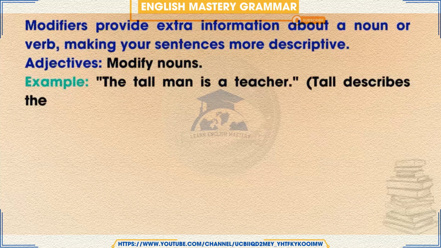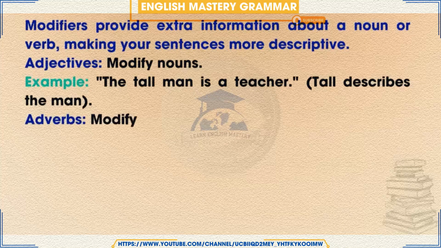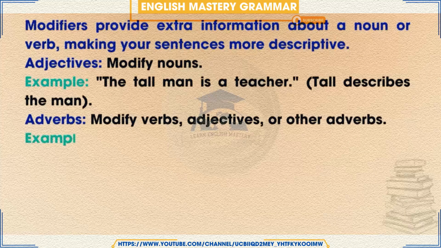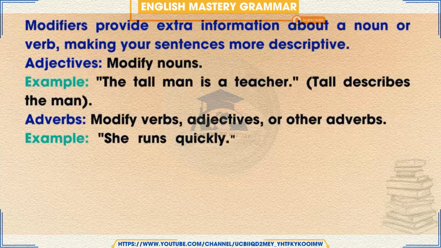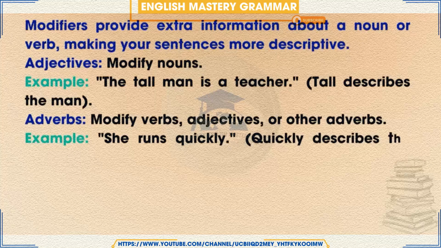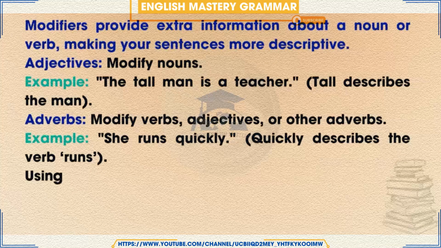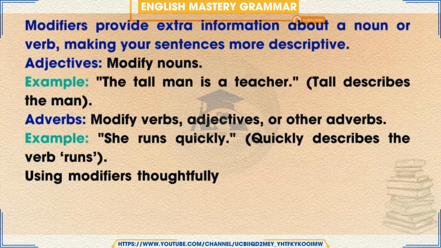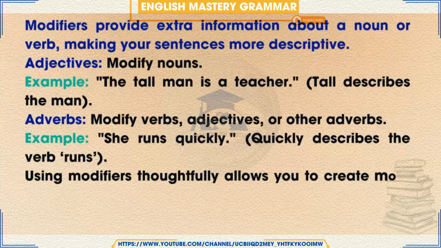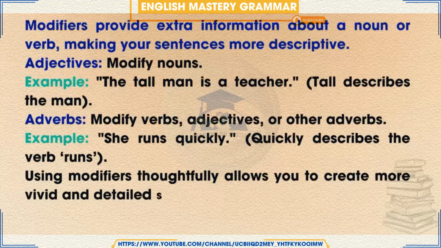Tall describes the man. Adverbs modify verbs, adjectives, or other adverbs. Example: She runs quickly. Quickly describes the verb runs. Using modifiers thoughtfully allows you to create more vivid and detailed sentences.